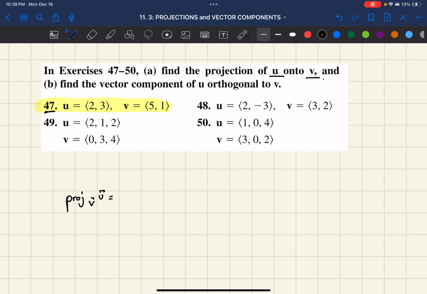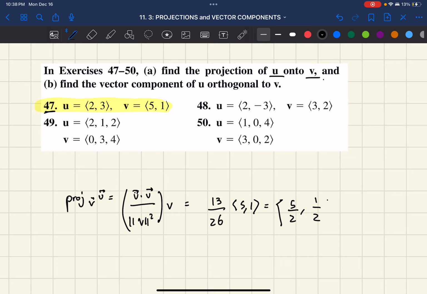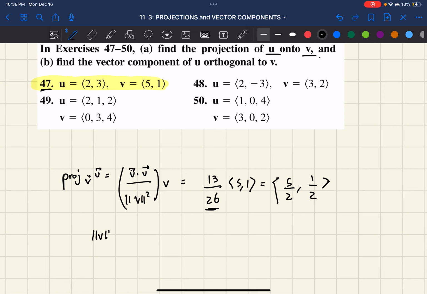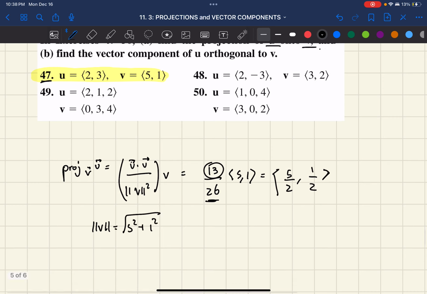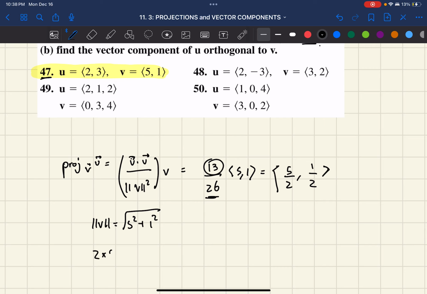All we're going to need to do is take their dot product over v squared multiplied by v, which in this instance is going to be 13 over 26 times 5, 1, which equals 5 over 2, 1 over 2. And the way I arrived at 26 was just, again, taking 5 squared plus 1 squared. And the way I got 13 was, again, 2 times 5 plus 3 times 1.